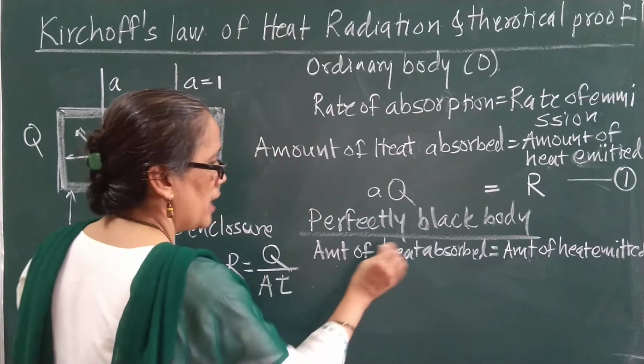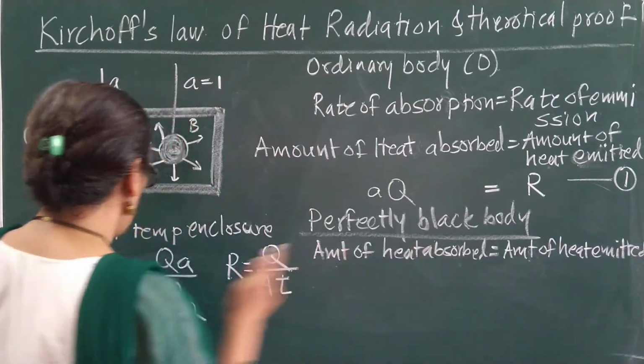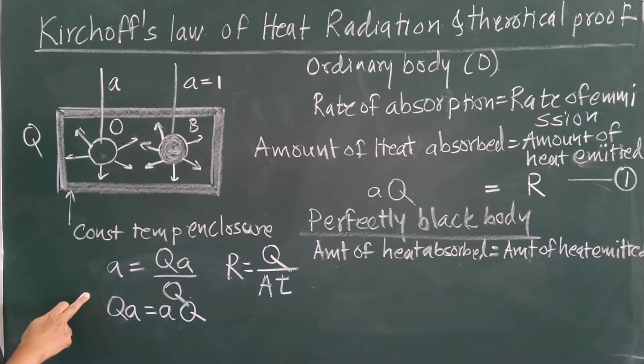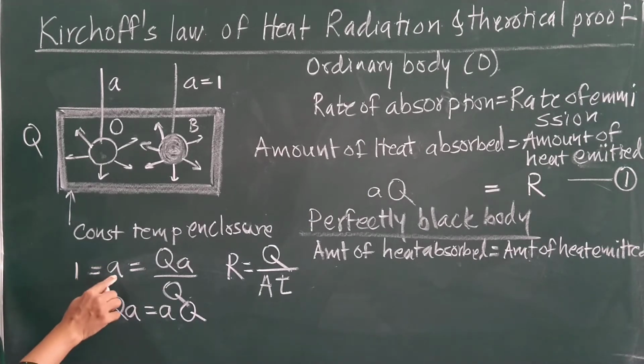Is it right? Now for the same amount of heat absorbed, again I can use the same formula. For a perfectly black body, the coefficient of absorption is 1. So what I get is 1 is equal to A is equal to QA upon Q.